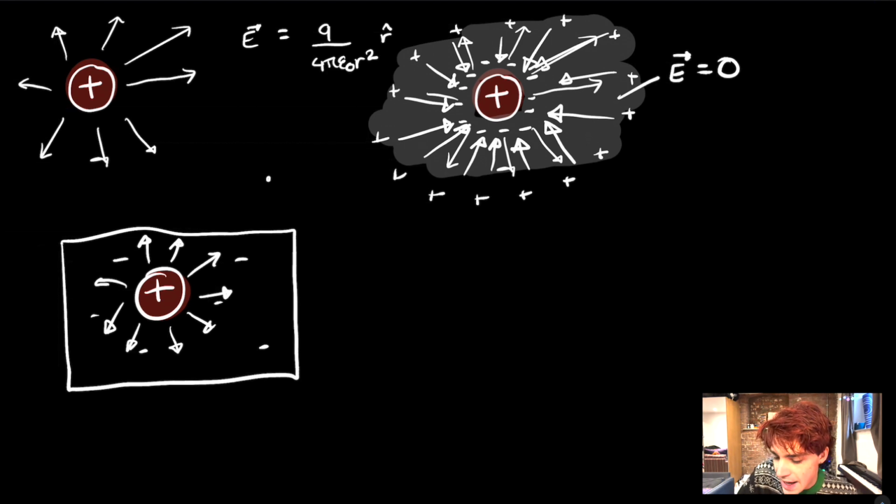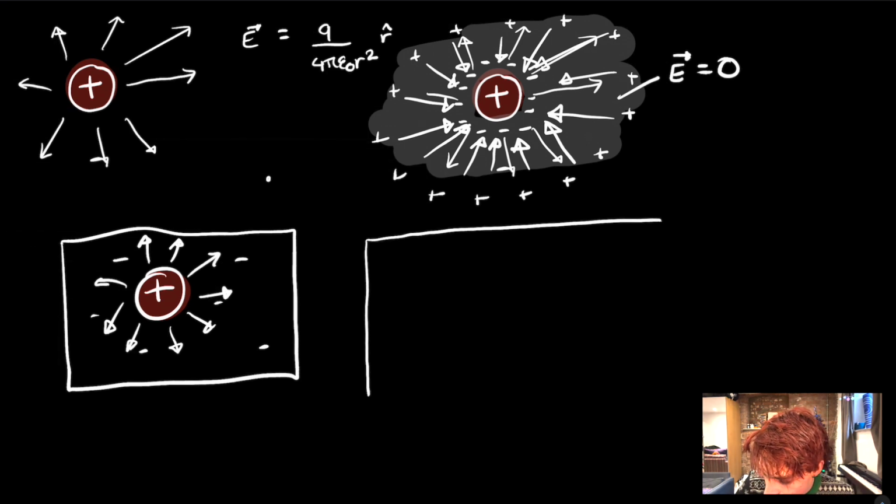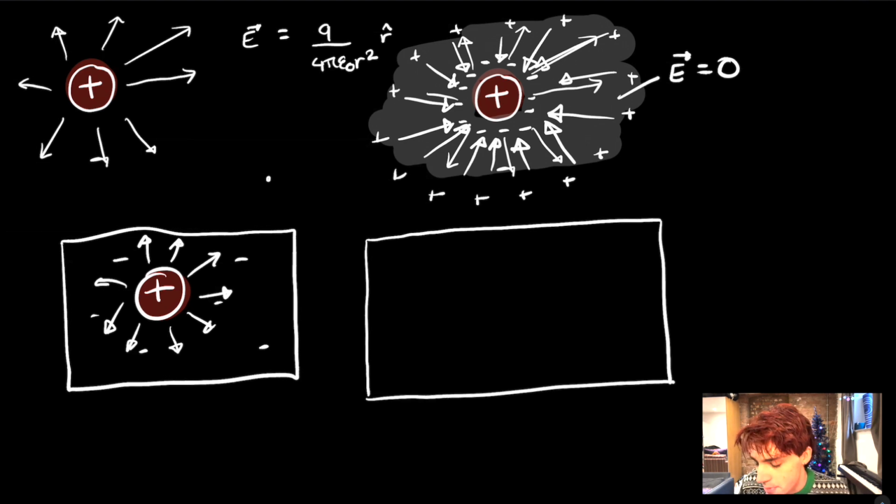So let's, for now, forget a little bit about putting any charges within the medium right here. What we're going to do is just consider the atomic structure of the dielectric and how this is going to work.